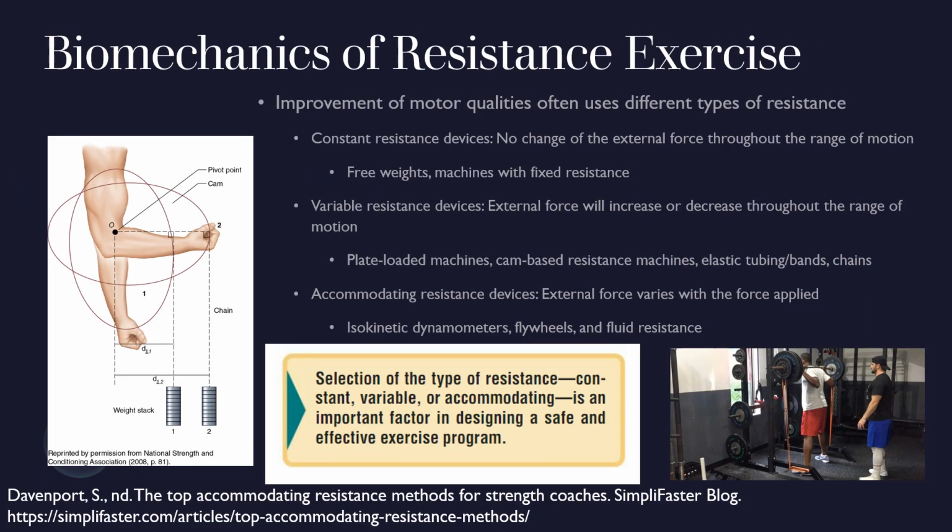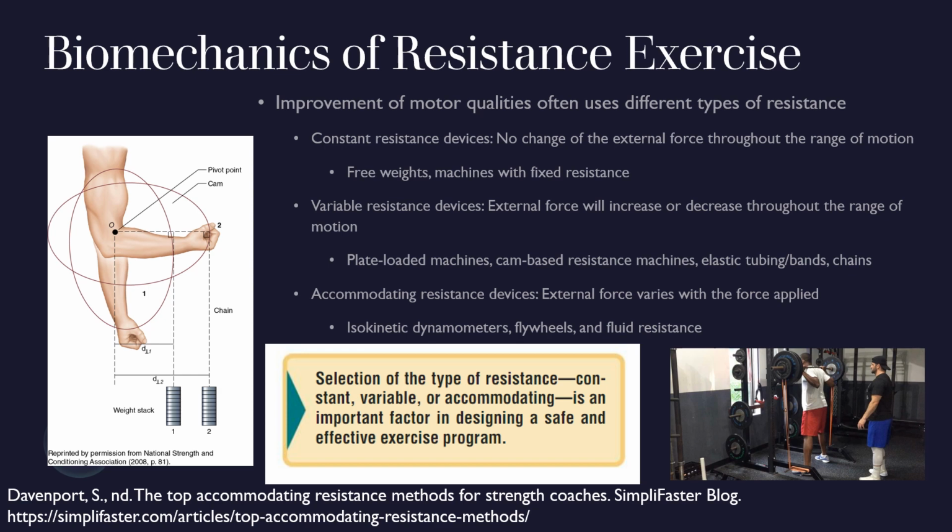When it comes to exercise, most methods of resistance can be classified as either constant or variable. Constant, as the name implies, means that the weight load on the muscle stays the same throughout the exercise. Therefore, the amount of resistance used is determined by the sticking point or the weakest point of the exercise.